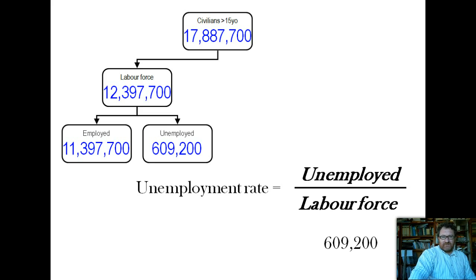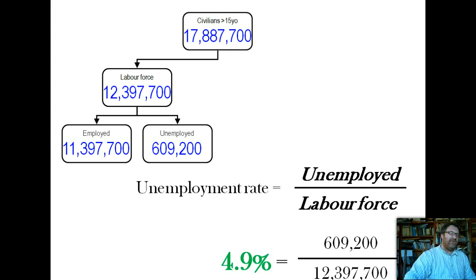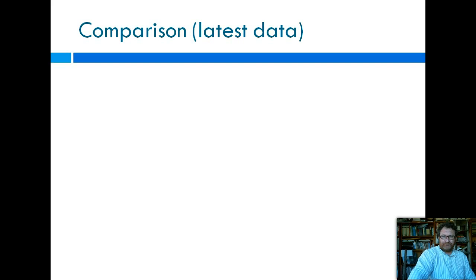So that's 600,000 unemployed divided by the total labour force, 12.4 million people, gives us an unemployment rate of roughly 5%. Which is not bad, compared to Europe, say, or most other places, really.